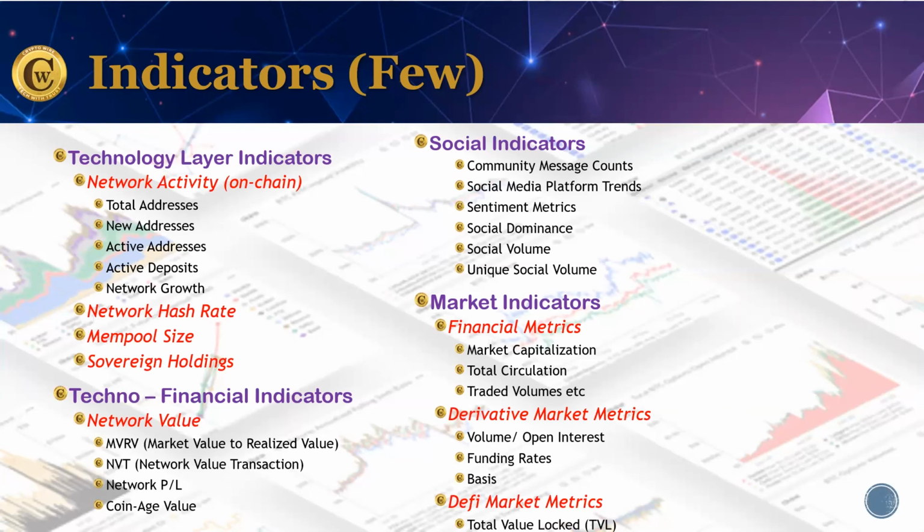So market value to realized value is basically एक ratio है which starts from zero, और 0 से 1 के बीच में जब रहता है ये, तो बेसिकली हम लोग ये बोलते हैं कि ये नेटवर्क अंडर वैल्यूड है, और 1 के ऊपर जाता है तो हम लोग बोलते हैं कि अभी ओवर वैल्यूड हो गया है. ठीक है, तो वी एक्सपेक्ट सम काइंड ऑफ करेक्शन कमिंग इनटू दैट. मार्केट वैल्यू इज नथिंग बट द करंट मार्केट प्राइस और द करंट मार्केट कैपिटलाइजेशन ऑफ दैट पर्टिकुलर सिस्टम, whereas realized value is basically the acquisition price.